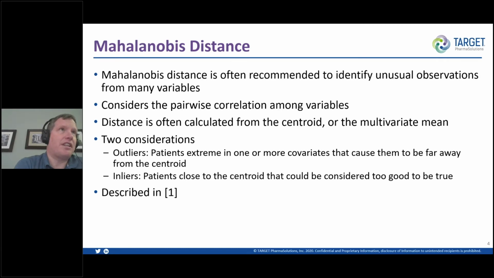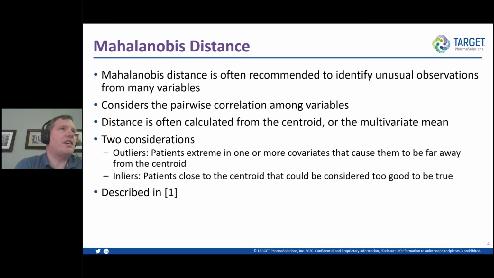Obviously, if we're thinking about outliers and how extreme a patient may be, I think most of us are pretty familiar with the concept of outliers and how far a particular point is from the mean of the population. In the multivariate setting, that works in a pretty similar fashion.